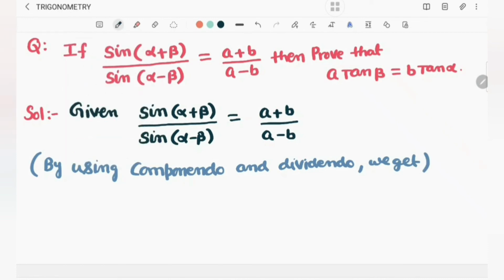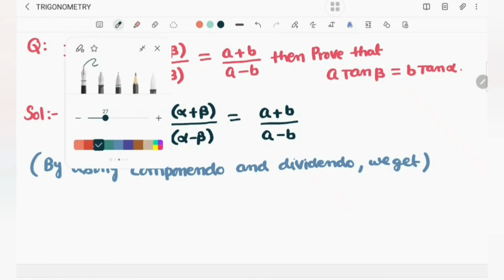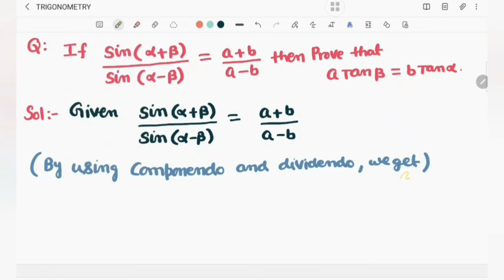Generally, a by b equal to c by d means a plus b by a minus b equal to c plus d by c minus d. If you want, I will write it as a formula. Suppose any ratio is like this: x by y is equal to l by m. We can write x plus y by x minus y is equal to l plus m by l minus m. This is called the componendo dividendo property.